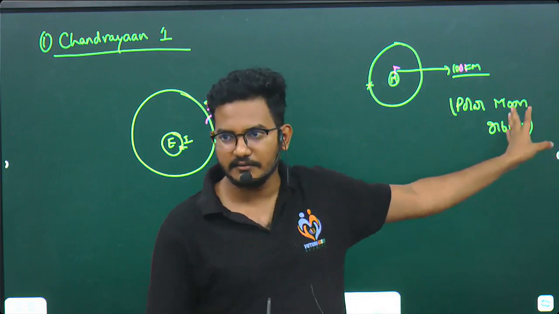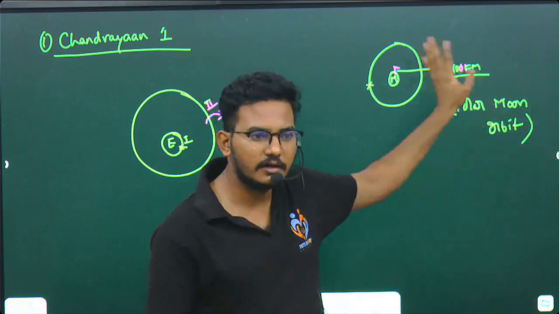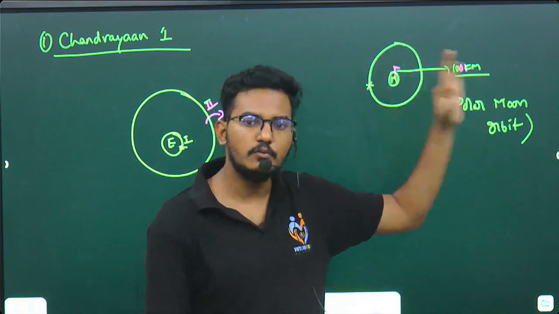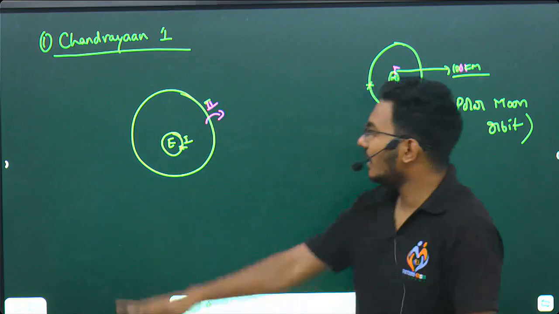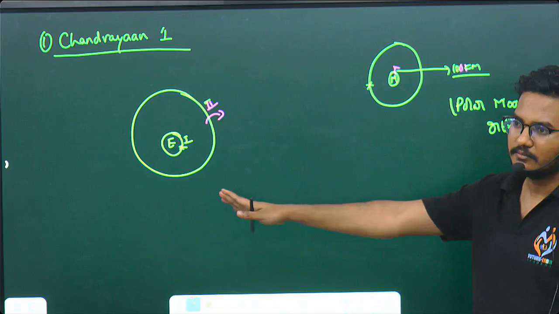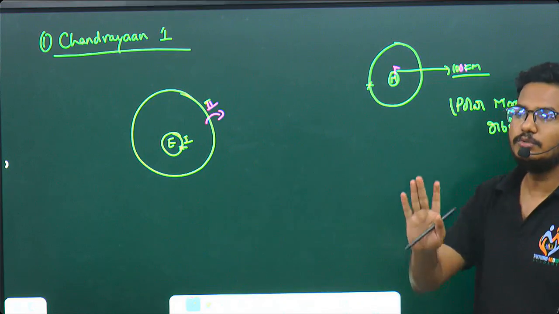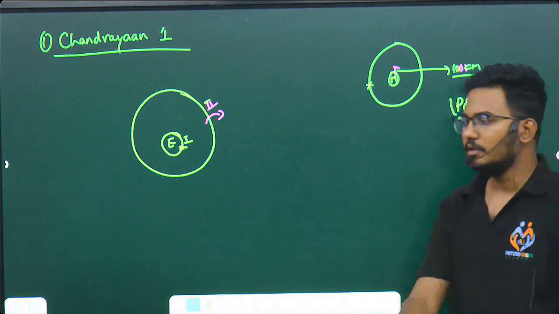Instead, what we have said: polar satellites, remote sensing satellites, Earth observation satellites. We are sending to Moon, so we'll call this Moon observation satellites. Okay, so in Chandrayaan 1, what have we sent? Remote sensing satellites to observe the Moon surface. Simple, to observe the Moon surface.